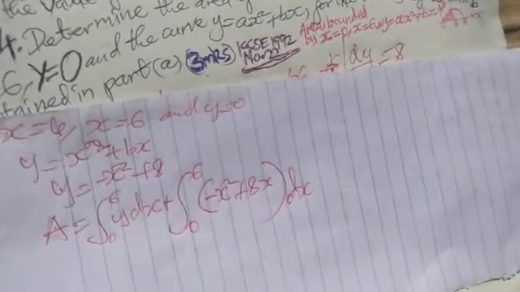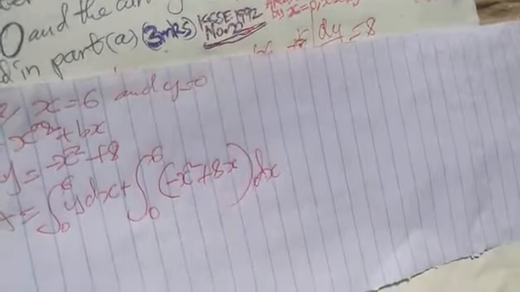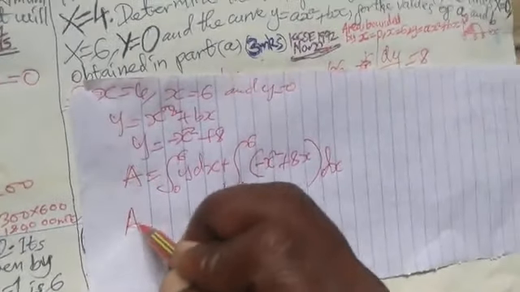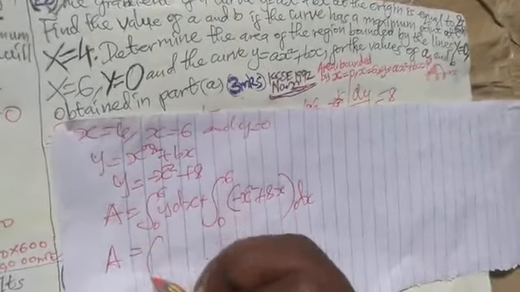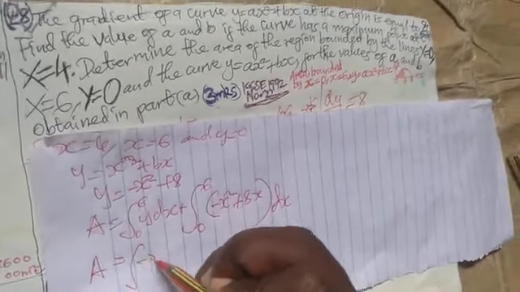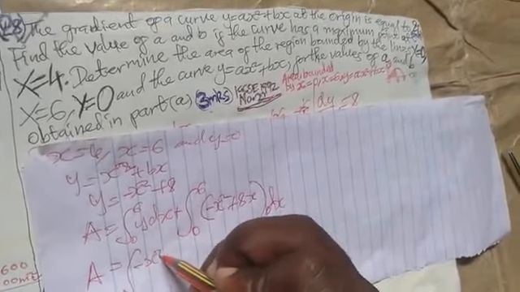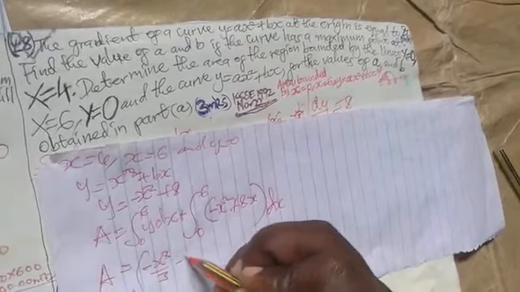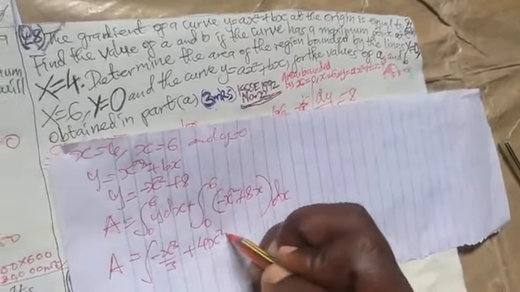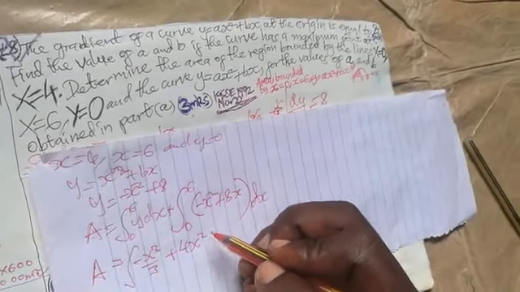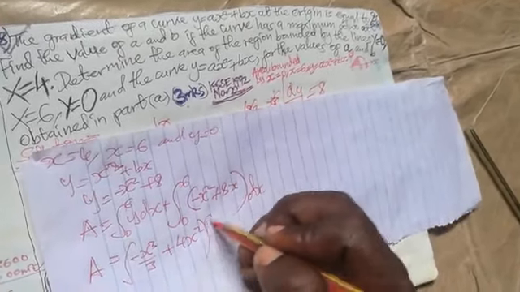I think you are following me. Then we say area will be negative x cubed over 3, because we are integrating, plus 4x squared, from 4 to 6.